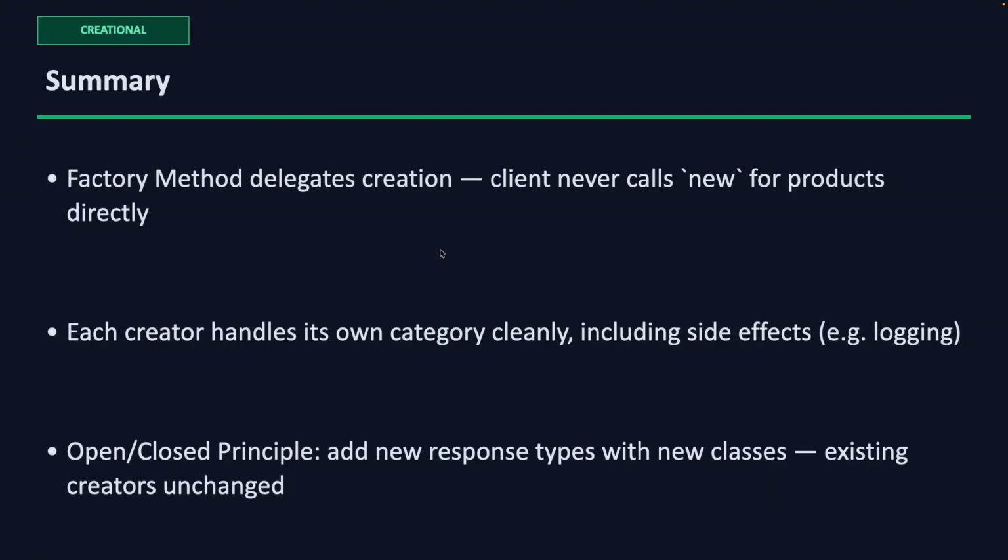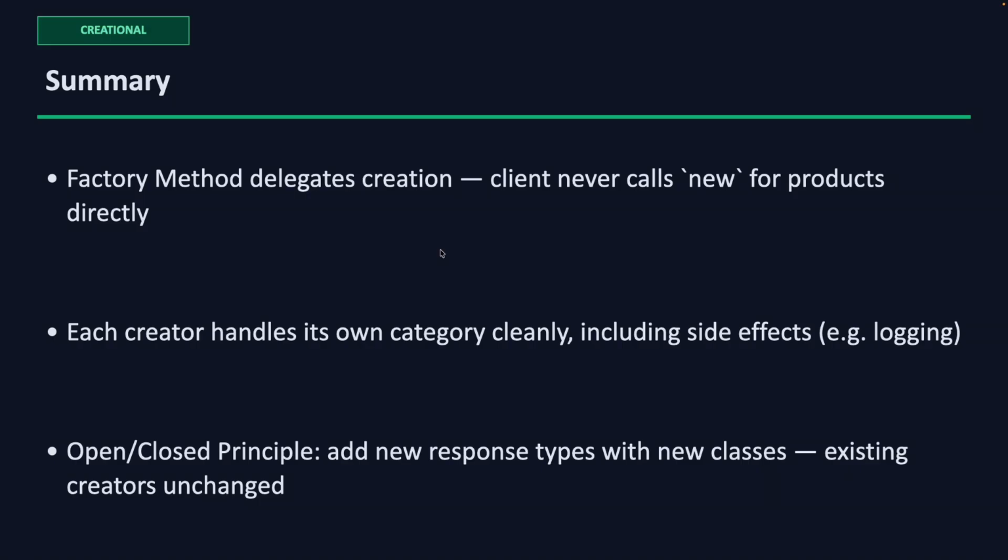The factory method, in summary, gives you a clean way to delegate object creation to specialized subclasses. It's keeping each creator focused on its own category of products. In this repo, a single button click travels through the HTTP web response, then it routes to the right subfactory, and then it returns the appropriate web page.